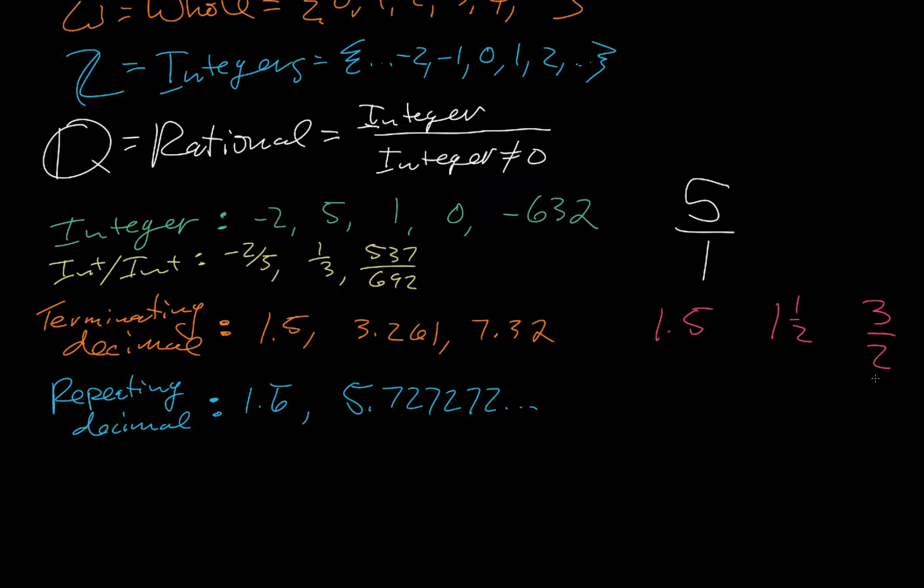But since 3 is an integer, 2 is an integer, 3/2, any of these decimals, we could, if we took the time, we could write them as an integer over integer. Now for the blue part, repeating decimal, I'm going to take the number 0.333 repeating, which I think most of you know is the same thing as 1/3. Now I don't know off the top of my head what 5.727272 repeating is, but since it's a repeating decimal, it could be written as an integer over an integer.